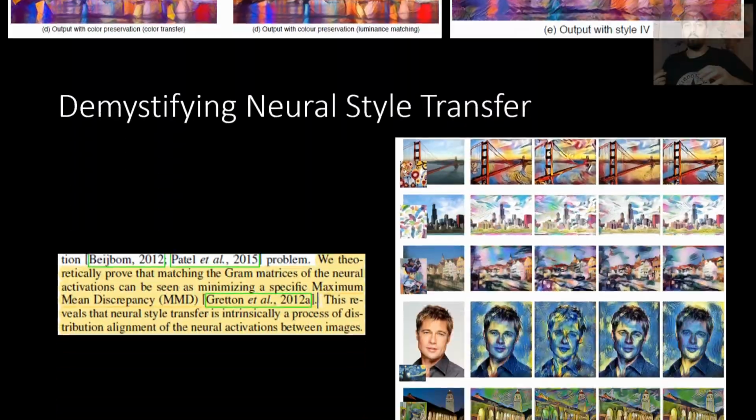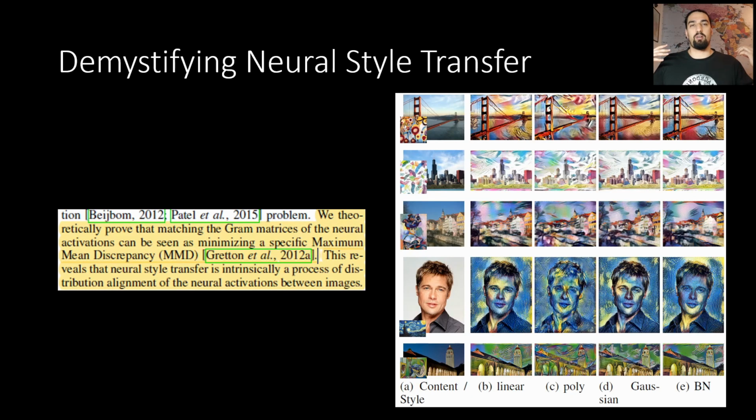So up until now, we considered those Gram matrices to be some kind of unnatural law. Like we had to match those in order to transfer style. And as this paper shows, Demystifying Neural Style Transfer, matching those Gram matrices is nothing but minimizing this maximum mean discrepancy with a polynomial kernel.